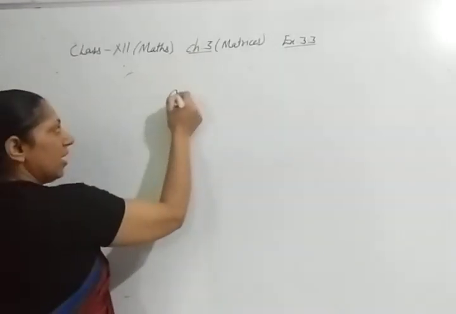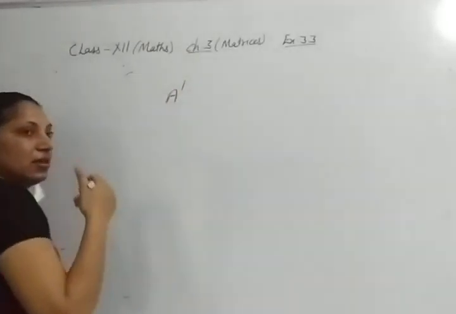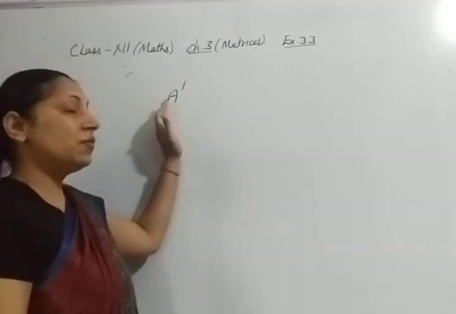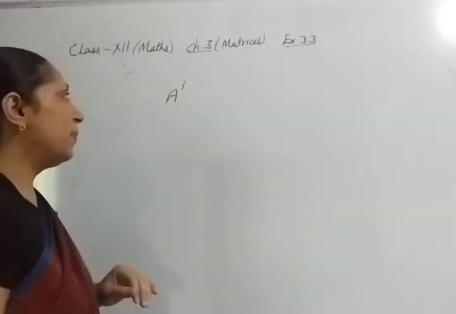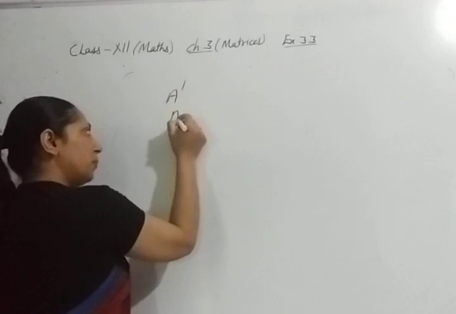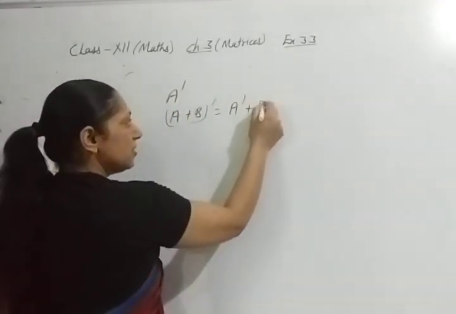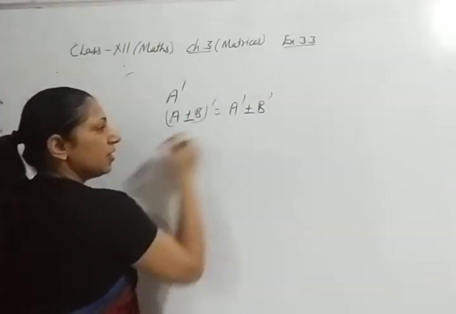Transpose, A transpose we can find by changing the row into column. Row को column में change करें तो we will get the transpose of that matrix. Then some properties: A plus B transpose is equal to A transpose plus B transpose, or we can take the negative sign also.